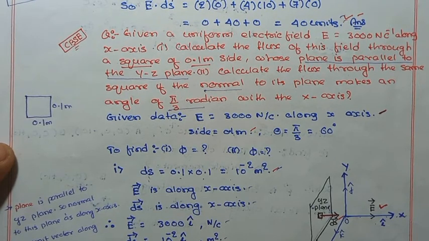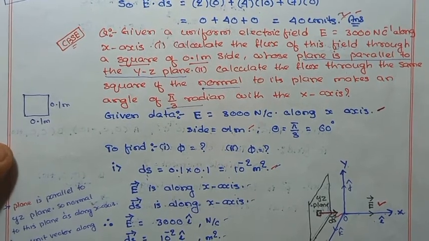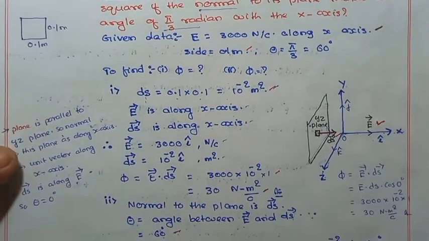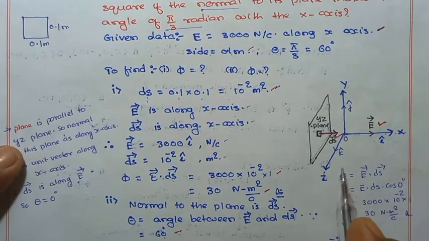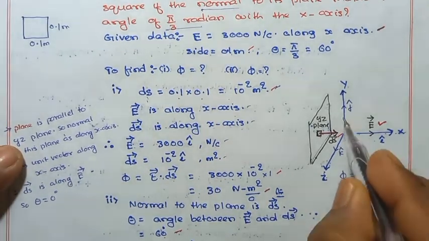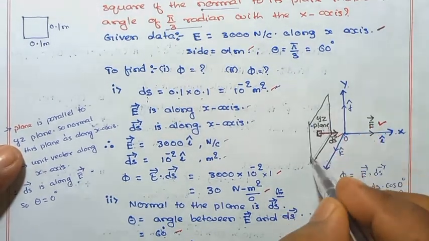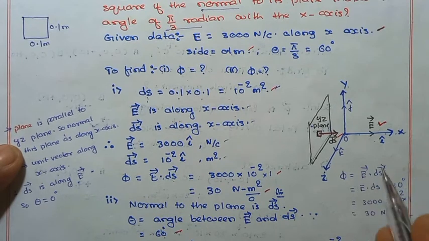Now the flux through the square whose plane is parallel to yz plane. See here, this is x, y, z coordinate and the plane is parallel to yz plane. This is the yz plane. So this is the plane of the surface.